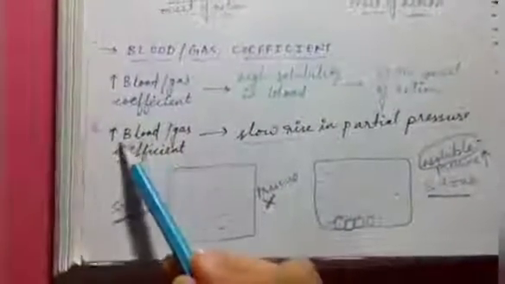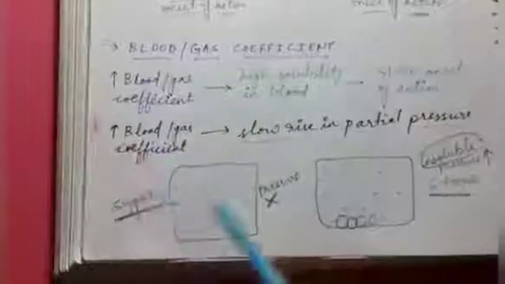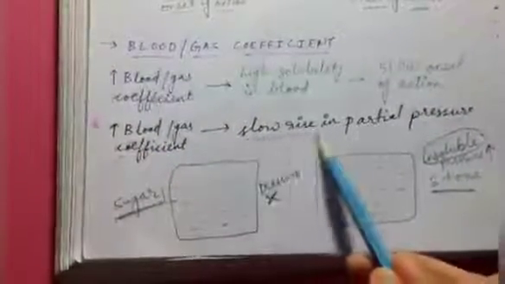But if it is soluble in the blood, the blood gas coefficient will be higher and the pressure will not rise quickly; the rise of pressure is slow. So that is the main thing you need to know for blood gas coefficient and arteriovenous concentration gradient.